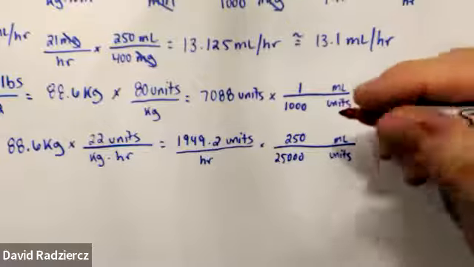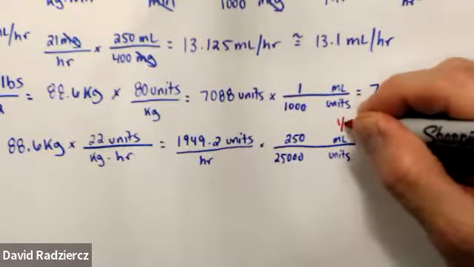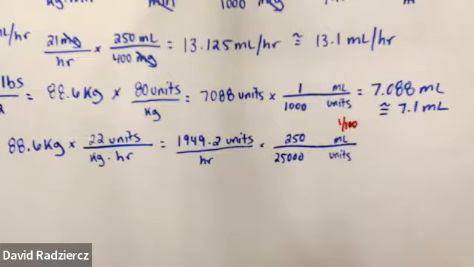Okay, so it's the 25,000 units. You got it. And that ratio, just for future reference, because these are always going to be the same, is 1/100. The 250 over 25,000.